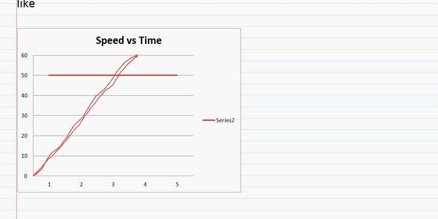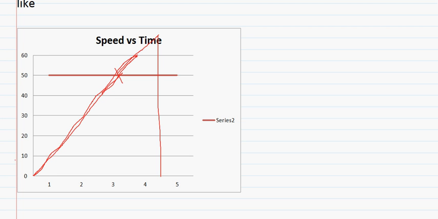At 0 hours it was 0 kilometers per hour, at 1 hour it's 10, and so on. Since the speed is increasing, it would reach 50 somewhere and keep on increasing, and this increase in speed is called acceleration. So we can say this is a constant acceleration graph.